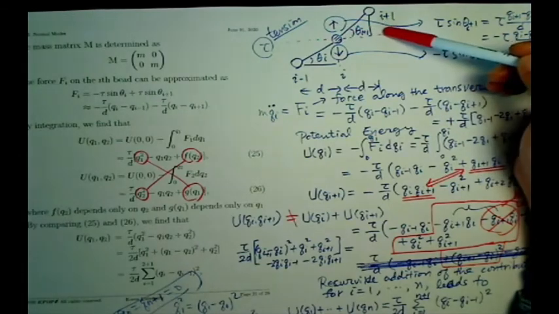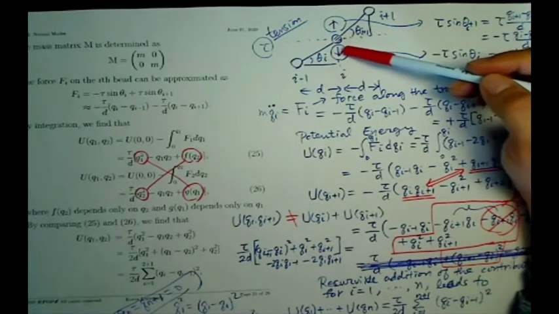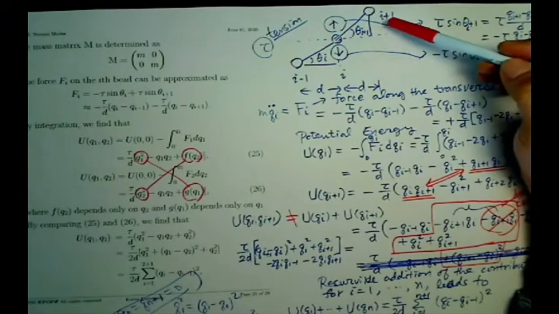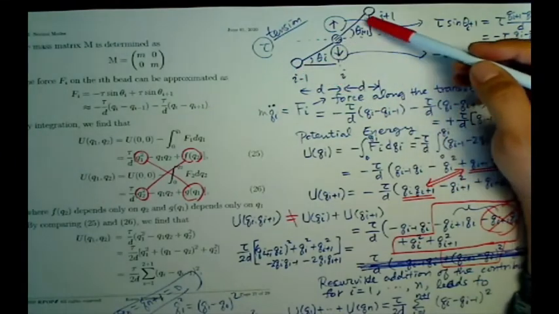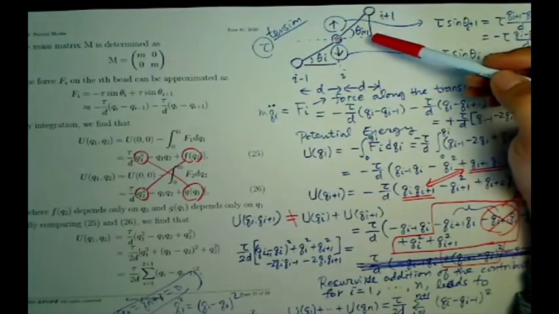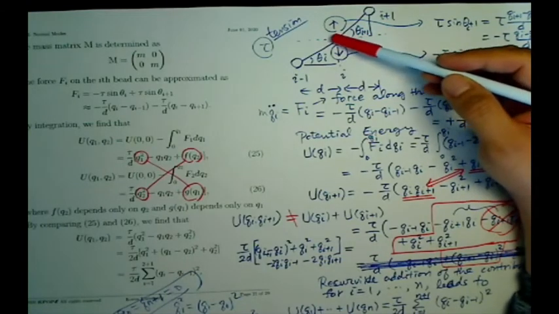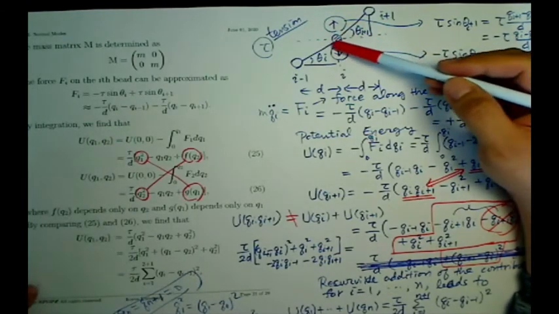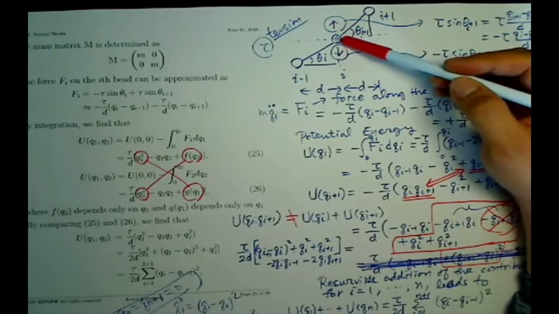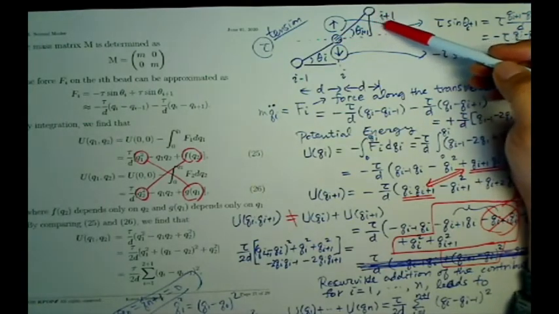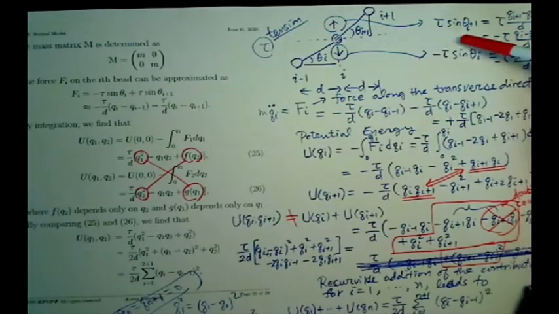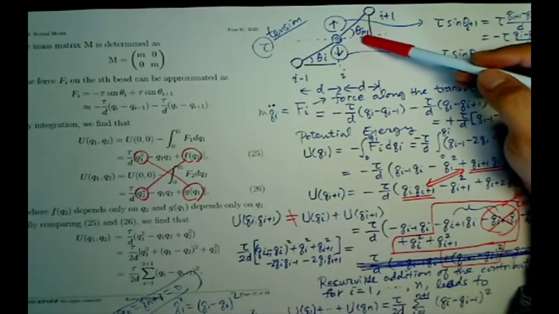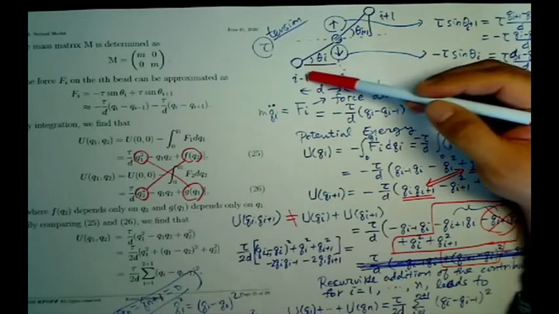In case this is the ith bead, and this is the i plus 1th bead, and this is the i minus 1th bead, if we order them in increasing order, then the transverse force applied to the ith particle due to the i plus 1th is via the tension, tau times sine theta i plus 1.